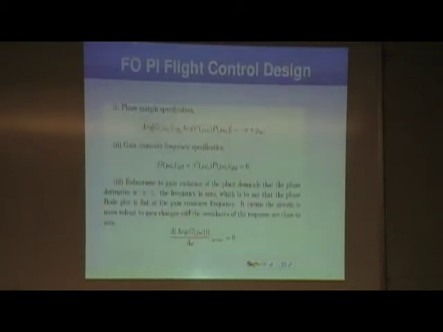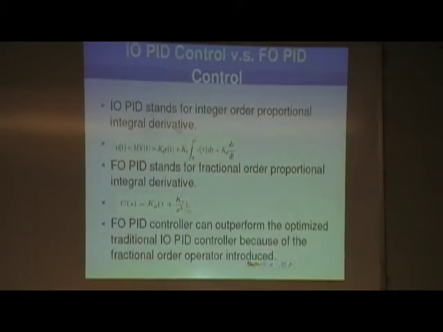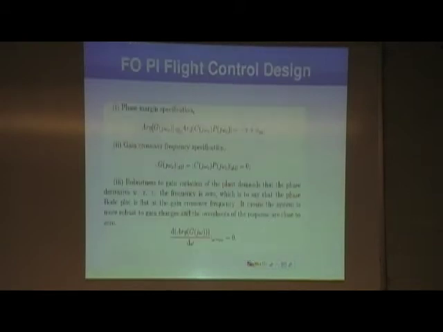If we want to design a fractional order controller, we need to determine all these 3 parameters. So we have a bunch of requirements. Of course, we require the phase margin and crossover frequency, which are all for stability.